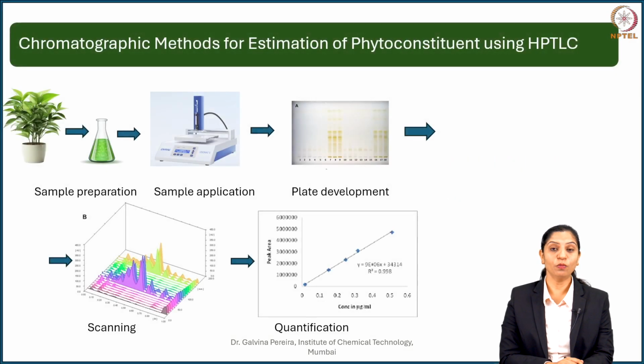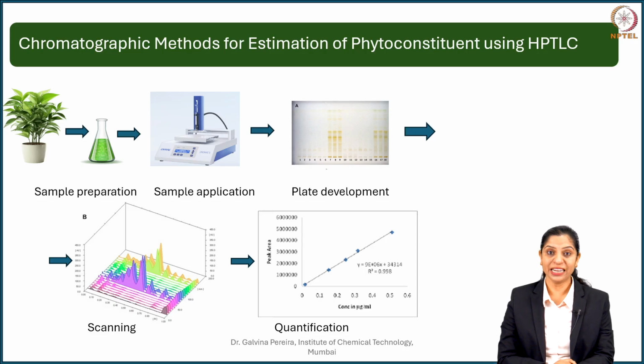Now I can go to a more specific method, like I said, and this specific method includes chromatographic methods such as HPTLC and HPLC. So for HPTLC, we saw that we need to take the sample and specifically extract it in a solvent in which your compound of interest is more soluble.